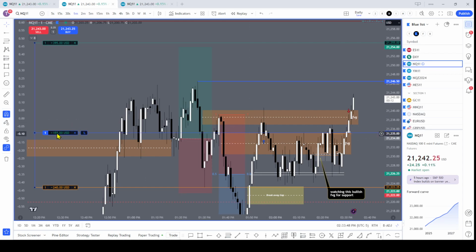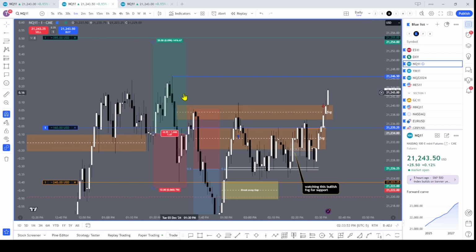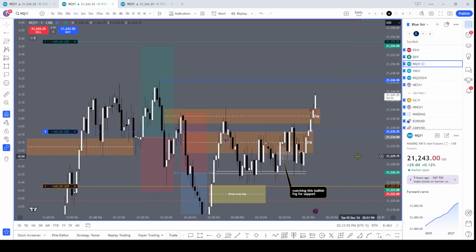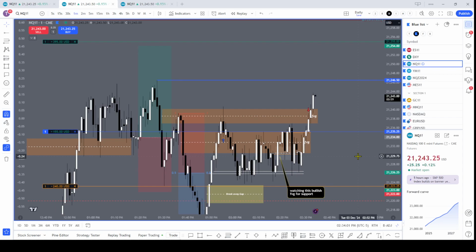If I did have the two contracts on, I would take a partial above this high. But if we get above it, I'll just move my stop loss to break even.